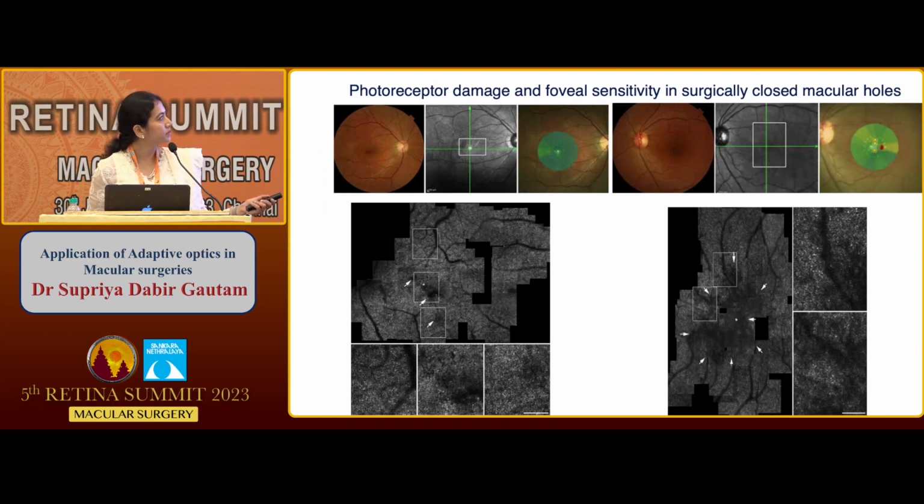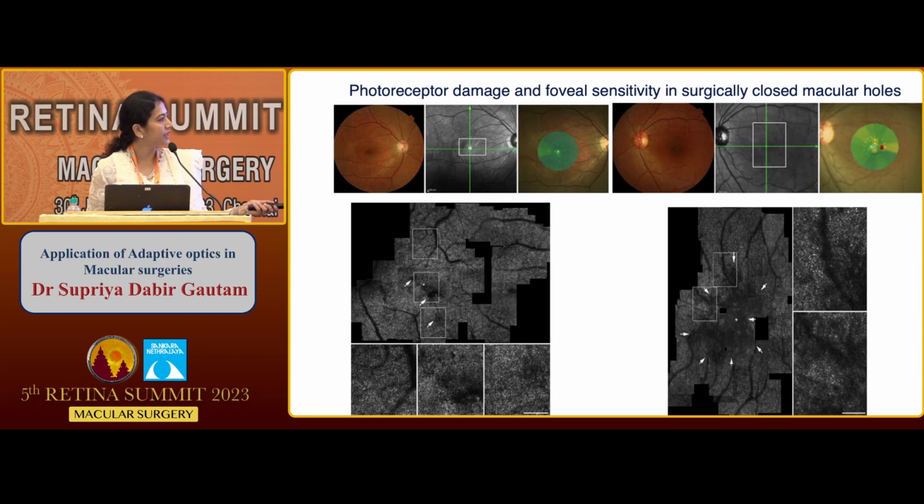This group has looked at images of adaptive optics in these patients, and they've also used microperimetry to see the foveal sensitivity along with the structure, to look at the structure-function correlation. They found that those patients who did very well, who had intact outer segment and inner segment layers as well as the cone outer segment tips, did significantly well with no absolute scotomas, but the ones who had a small defect had a small absolute scotoma.